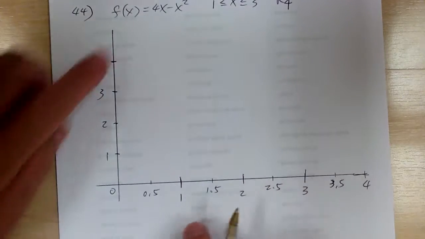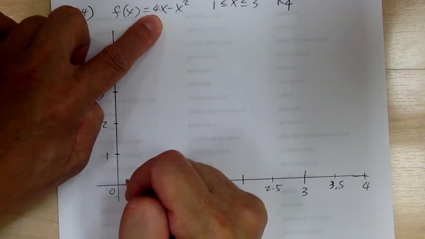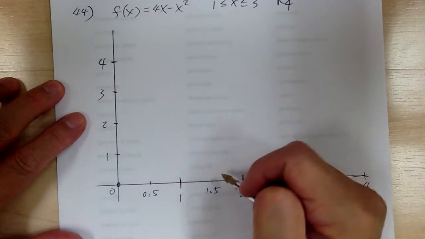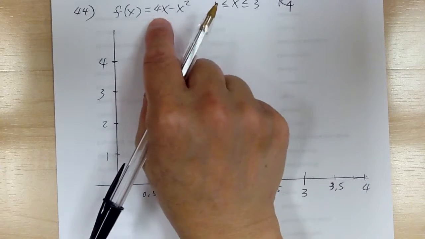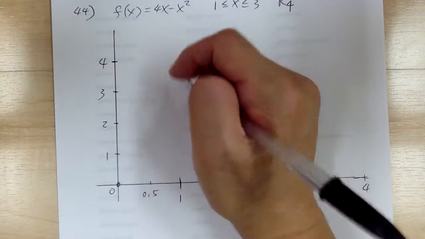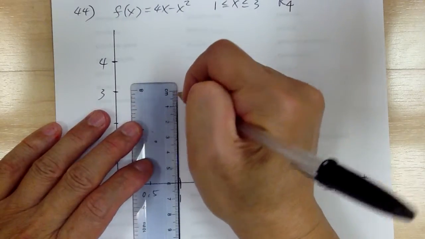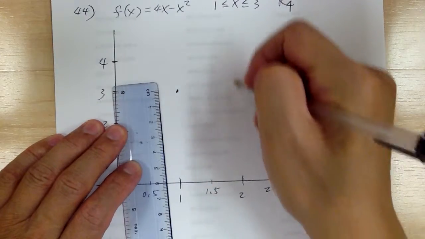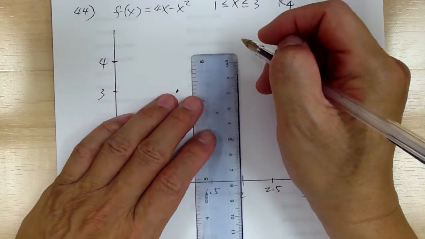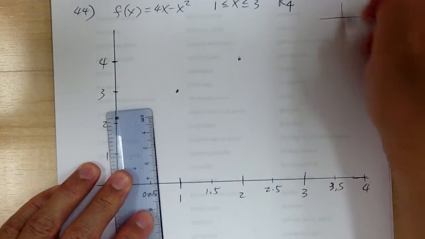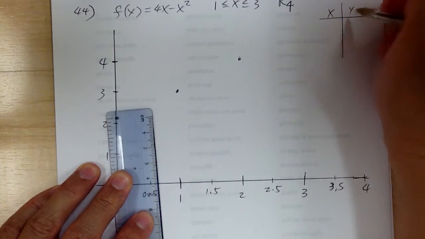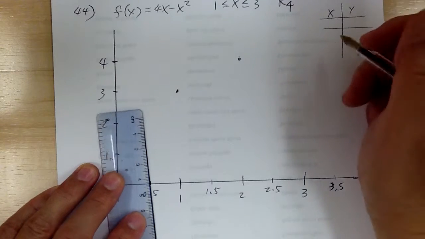So again, you plot the points. When x equal to 0, you get 0. When x equal to 1, you put it in here, you get 3. When x equal to 2, you get 4. Again, you just make the table on the side, and then you can just plot in all those points.